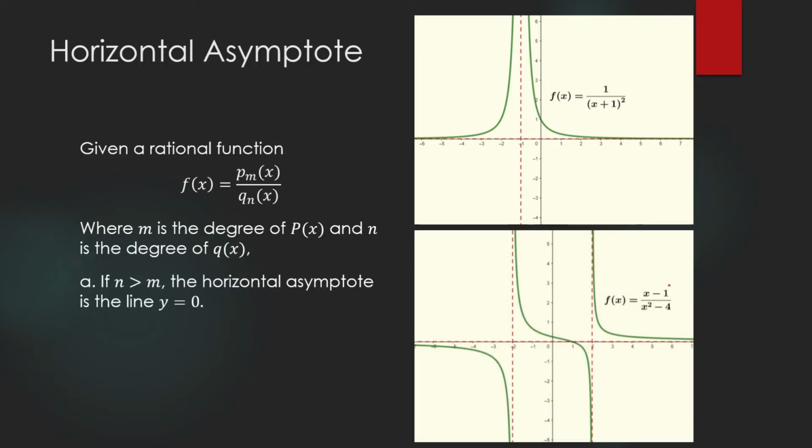Here, the polynomial function in the numerator is a degree 1 function, but the function in your denominator is a degree 2 function. So n is greater than m, and in this case, your horizontal asymptote is the line y is equal to 0.